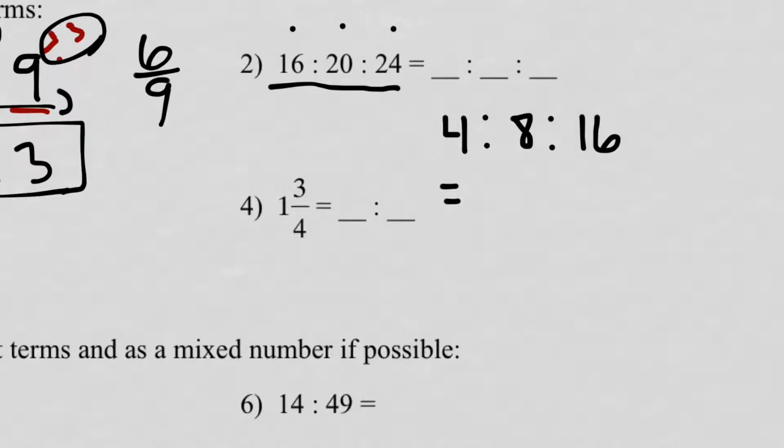So I will do that now, and when I divide 4 by 4, I get 1. 4 divided by 4 equals 1, 8 divided by 4 equals 2, and 16 divided by 4 equals 4. There it is. So our ratio in lowest terms is 1 to 2 to 4. We've changed the format of the mixture, but the recipe is still the same.